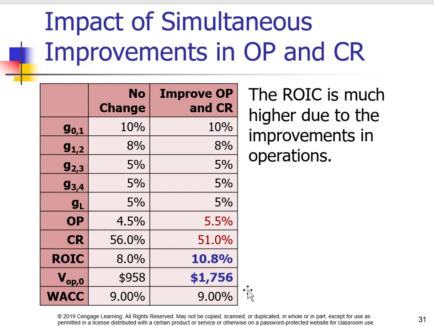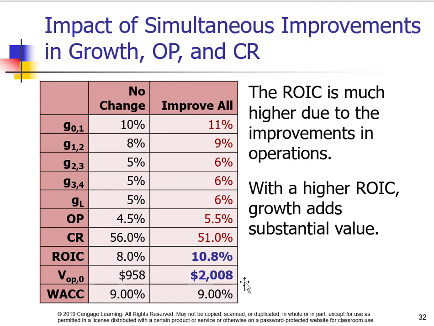So we're going to have a tremendous increase, almost a twofold increase in the value of operations, because in both of these things we were able to find improvements. And again, we can do this again. What if we make changes in growth, operating profits, and we can just make the changes as we want to see ultimately how much change will happen.